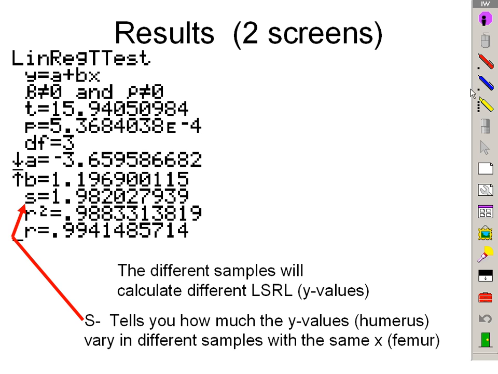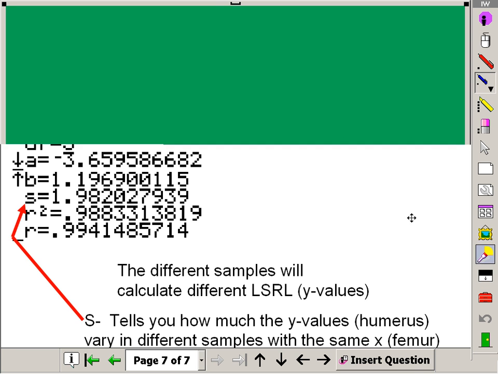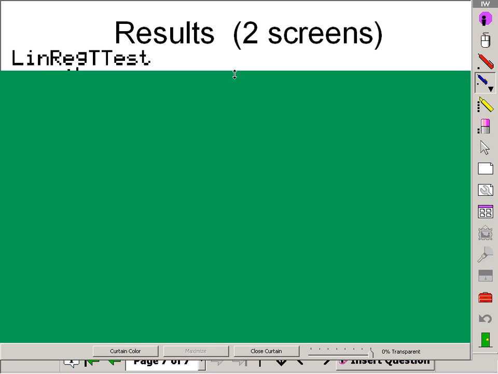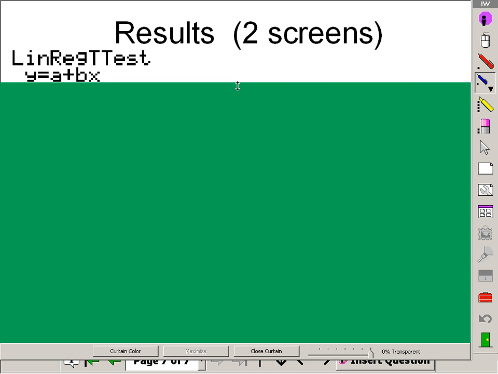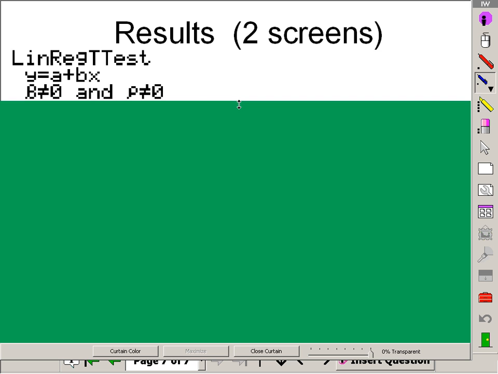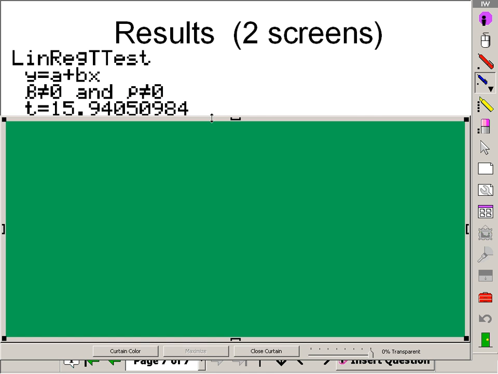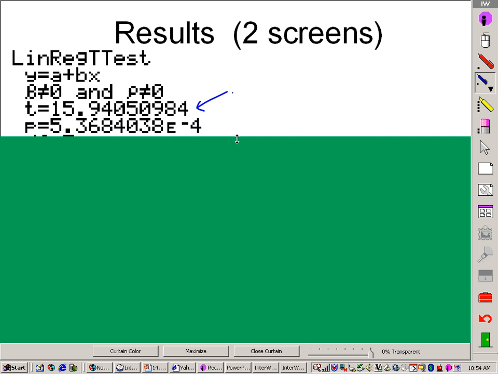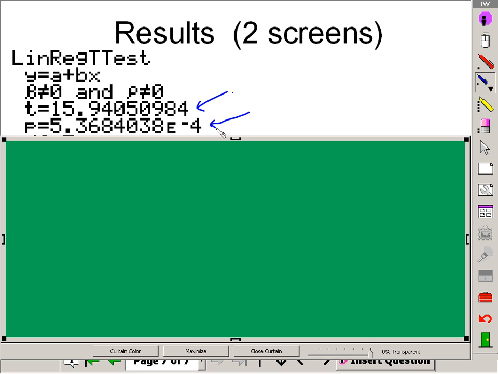Now when you hit calculate, your screen takes a long time to fill up, and we get all kinds of information. First of all, it tells us linear regression t-test, y equals a plus bx. Again, that's our least squares regression line. This t-value is used in calculating the p-value that we'll see here.